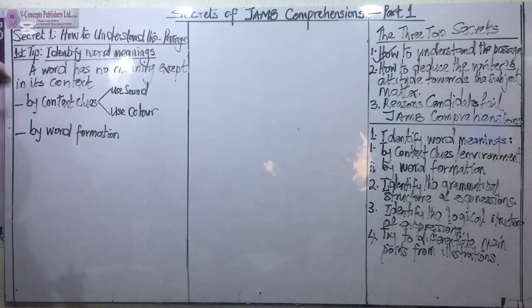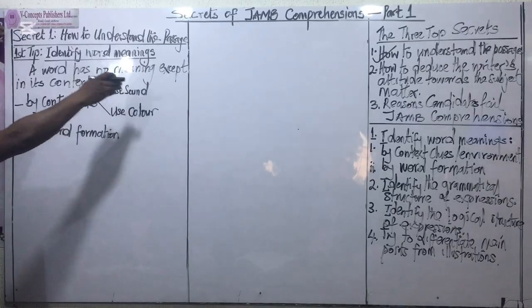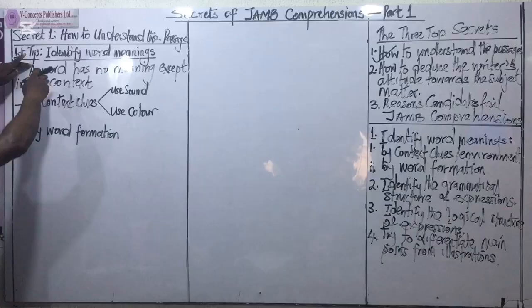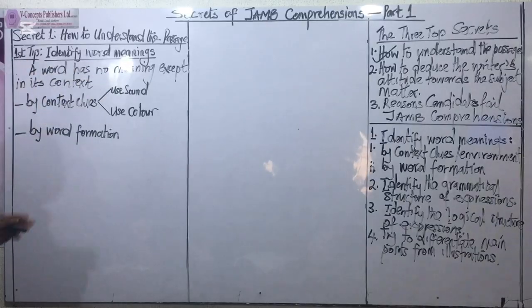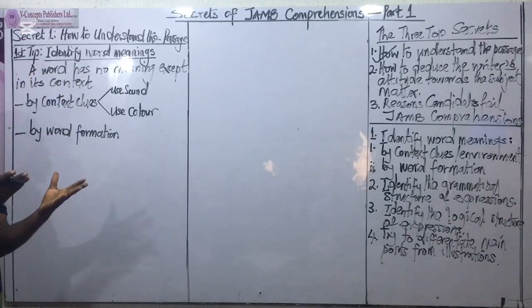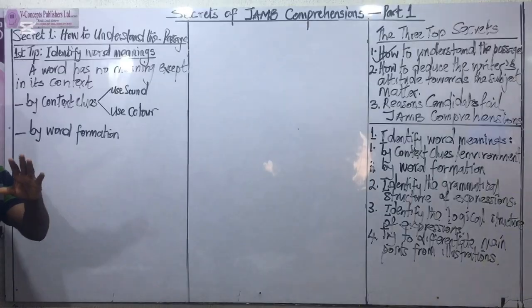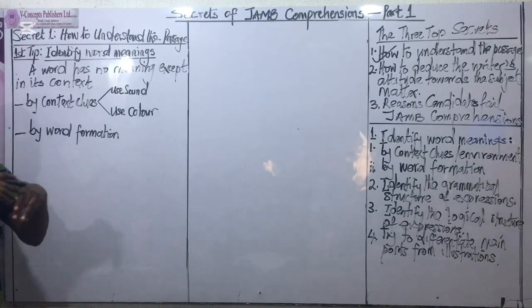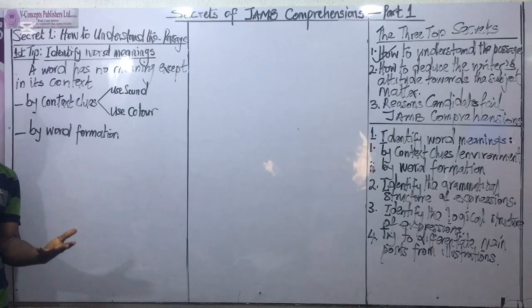So, on our first secret, that is how to understand the passage, we are going to take our first tip, and it says identify word meanings. I told you at the beginning of this video that the passage you are going to be given in JAMB is going to be an unfamiliar passage.